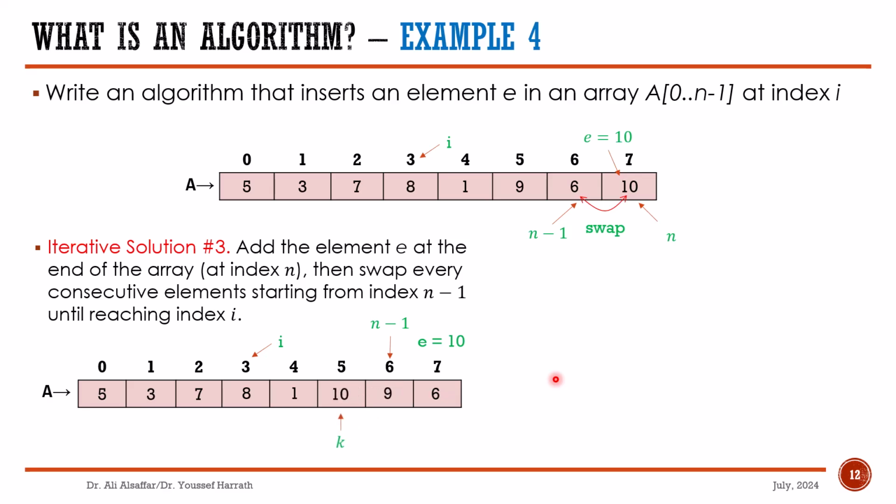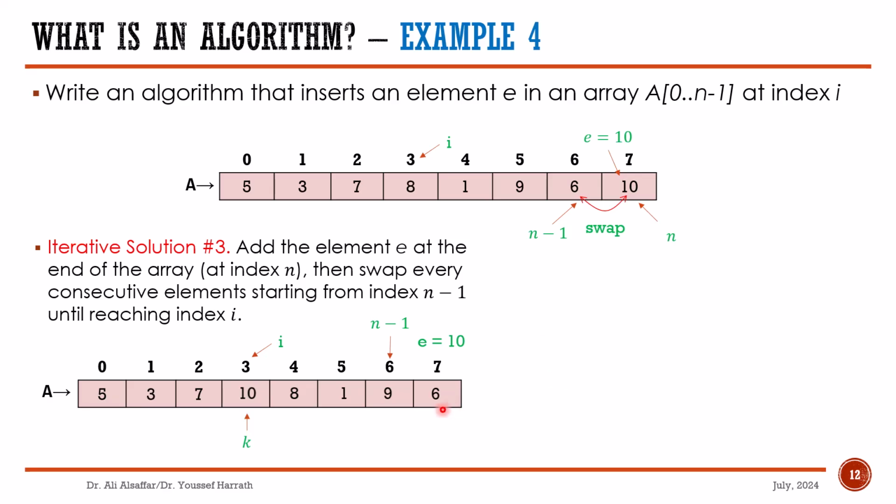Again, when k goes back one step, we do the swap between the two consecutive elements at k and k plus 1. And finally, when k goes back one step, we swap the two consecutive elements between k and k plus 1. And now, since the value of k has reached I, the algorithm should stop.